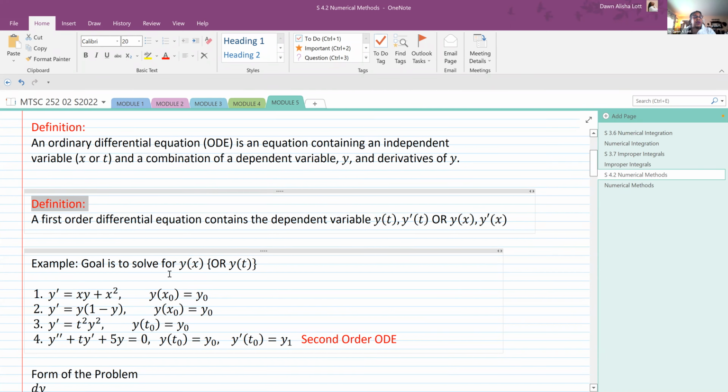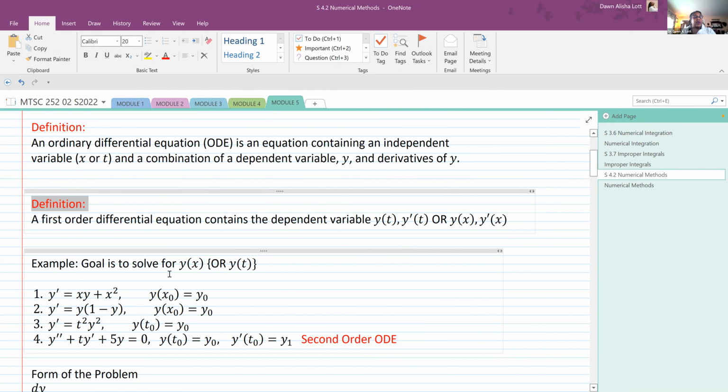Okay, here is another ordinary differential equation. This one is y prime, and notice it is equal to y times 1 minus y. There is no independent variable that shows up in here, but the fact that this says y of x naught equals y naught lets me know my independent variable is x.